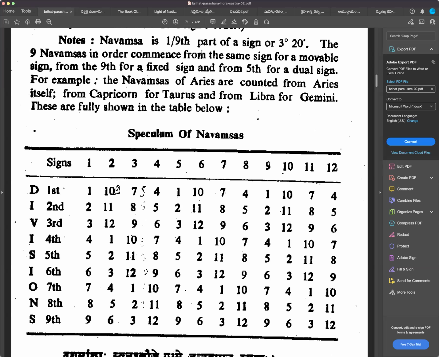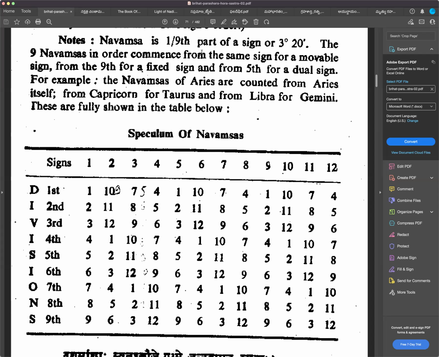So your direction and your morality, whether spiritual side or materialistic side, whatever life you are going to enjoy in this life, will be shown by Atmakaraka. Atmakaraka means the planet with the highest degree in the D1 chart, and the same planet where it is sitting in D9. So that's why D9 is very, very important regarding Atmakaraka.